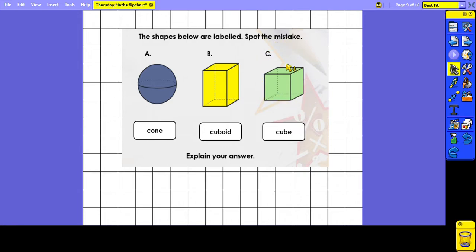Well, I know that shape C definitely is a cube, so that one is right. And I know shape B is definitely a cuboid, but shape A is not a cone because I know that this shape is a sphere. A cone has a point.